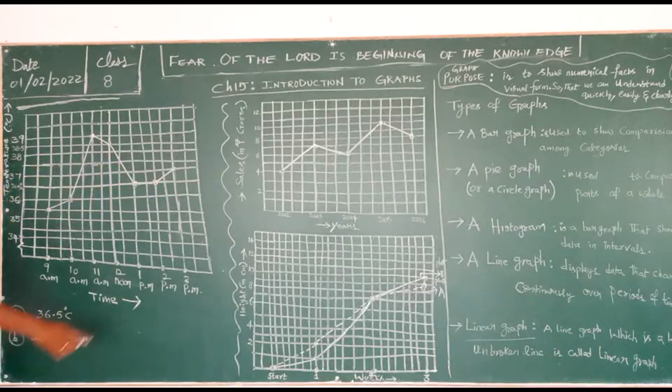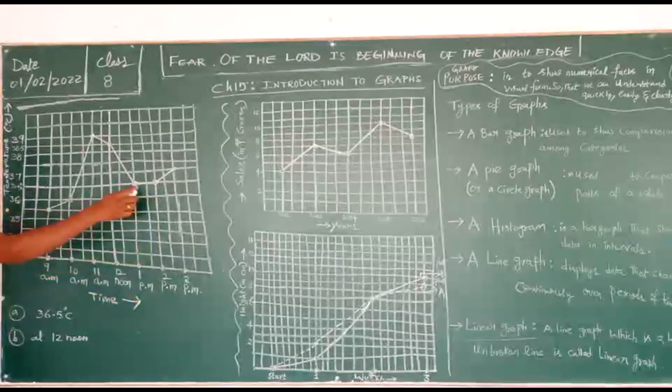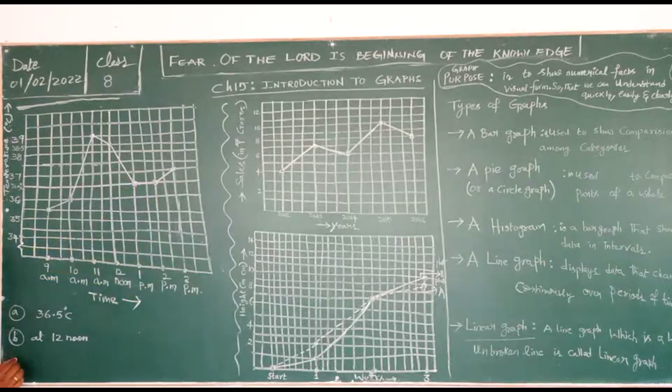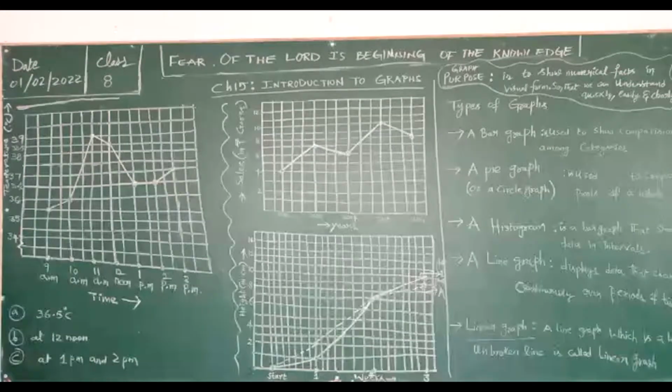So you can write: at 1 p.m. and 2 p.m. his temperature is the same. That is Option D.